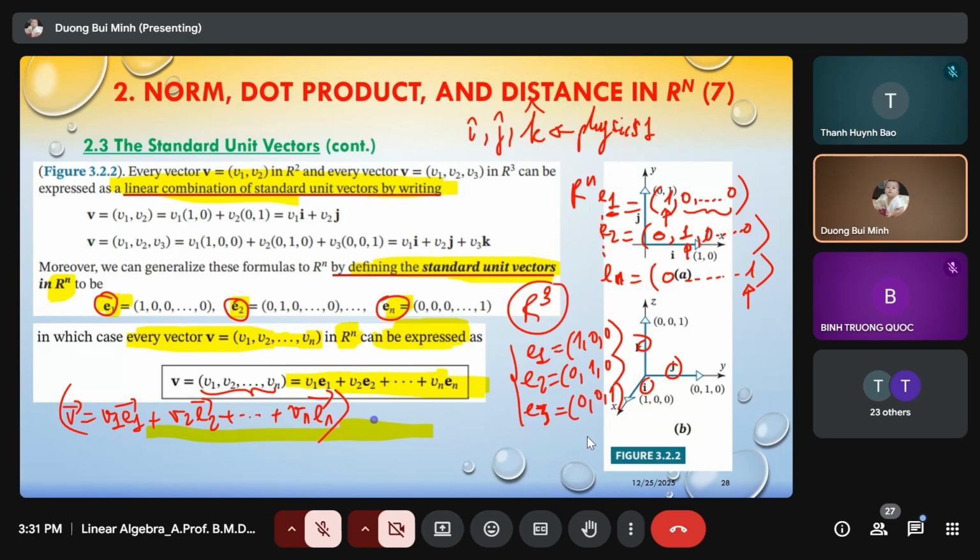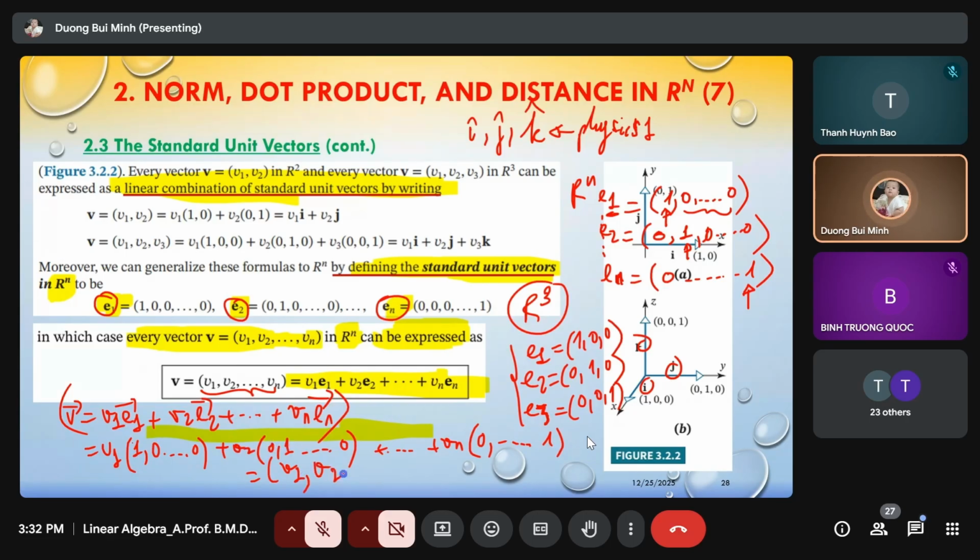Why? Because if we have v1 times e1, that means we have v1, 0, and so on to 0, plus v2 times 0, 1, 0, and so on, plus up to vn times 0, and so on to 1. So here you get v1 plus the other zeros, and here v2 times 1 you get v2, and the others will be 0.